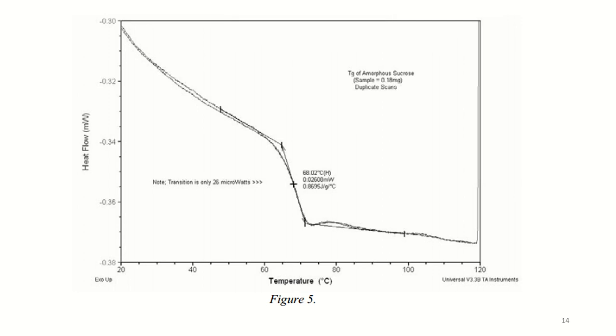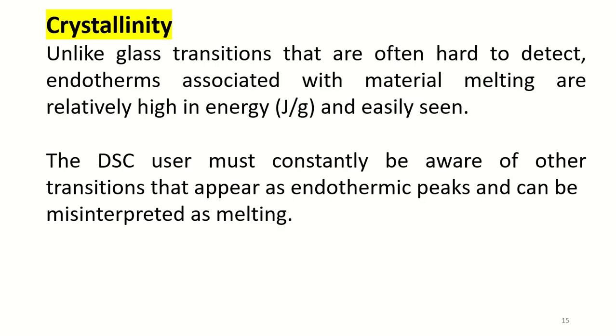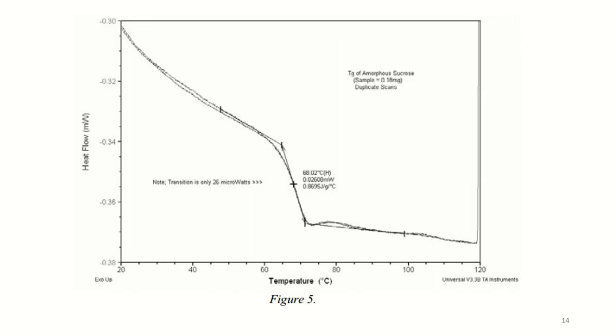The first experiment was on a relatively large sample of sucrose, 15 milligrams, that was thought to be 100% crystalline. A large sample was used to increase the sensitivity of the measurement in detecting small amounts of amorphous content.